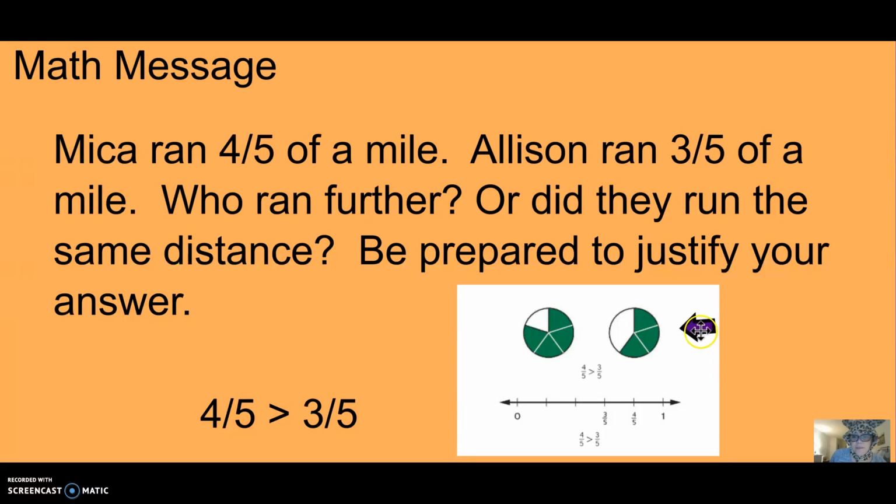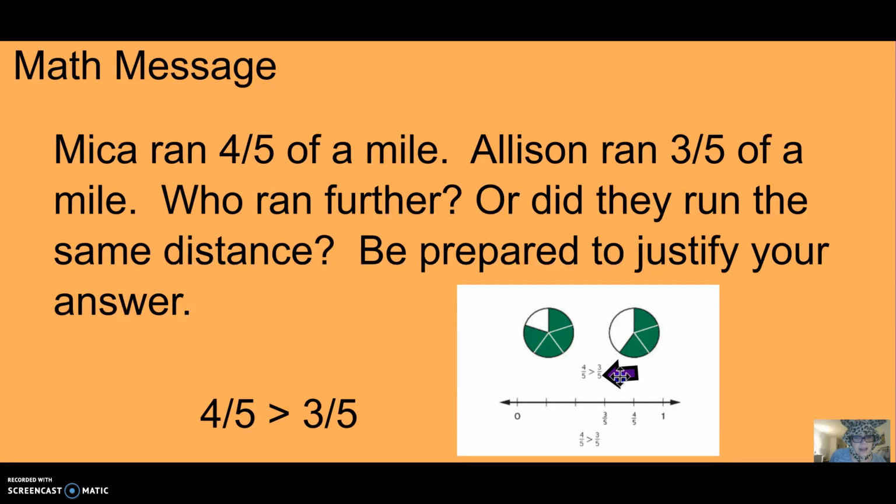Let's take a look. Here we have fraction circles. The fraction circle is my one whole. They are both divided into 5 equal parts. My first circle has 4 of the 5 equal parts colored in, and my second circle has 3 of the 5 equal parts colored in.